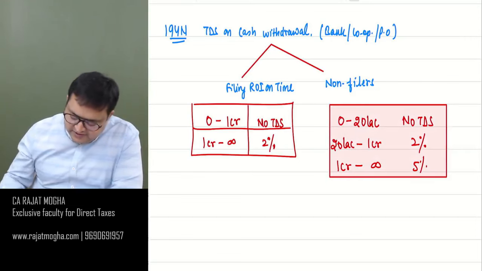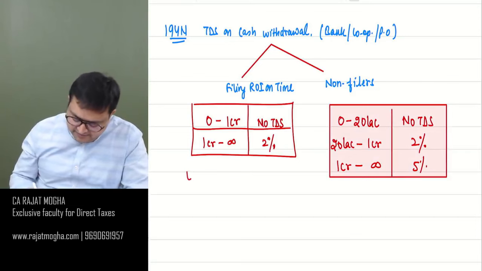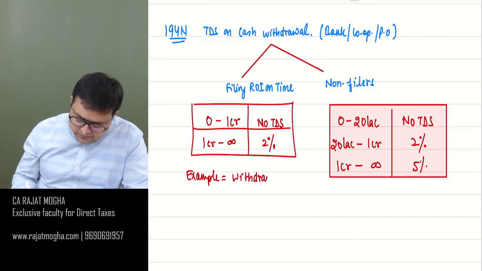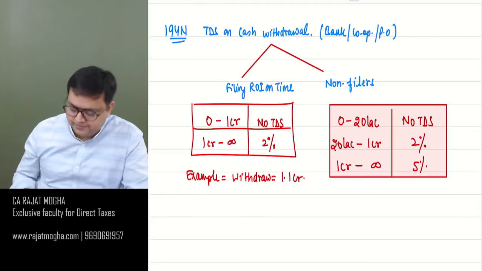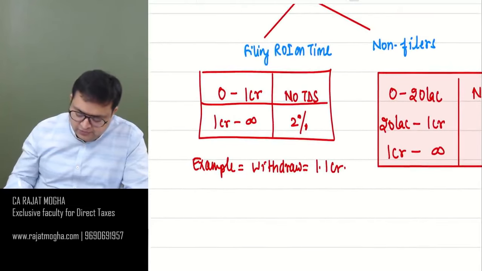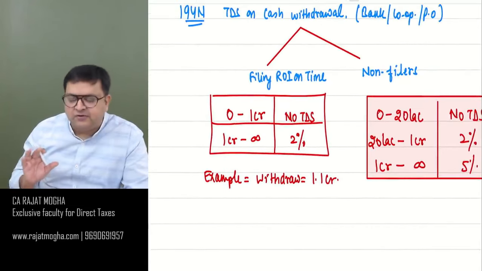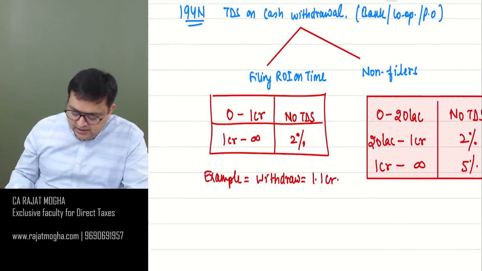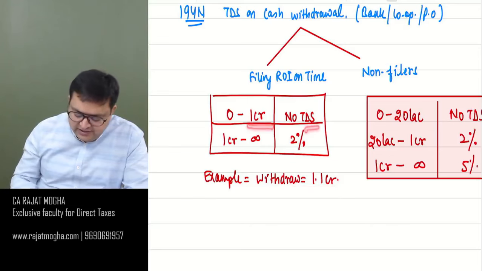So what does it mean? Let's take an example. If the person withdraws 1.1 crore, and he is a filer of ROI, filing his ROI on time, then up till 1 crore there is no TDS.